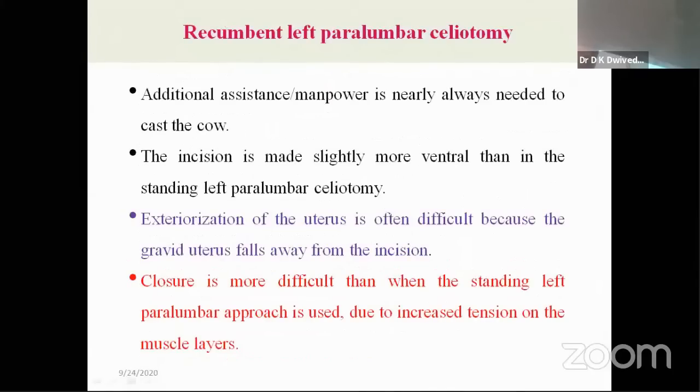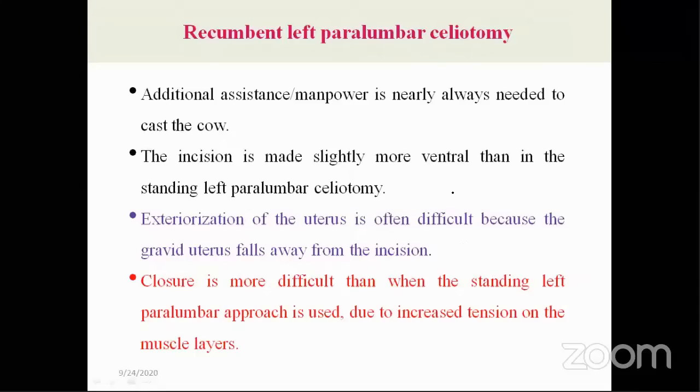Now, recumbent left paralumbar ciliotomy. If you are following this approach, there may be difficulty in the exteriorization of the uterus, and closure of the abdominal wall incision will be difficult. This may be due to the increased tension on the muscular layer.